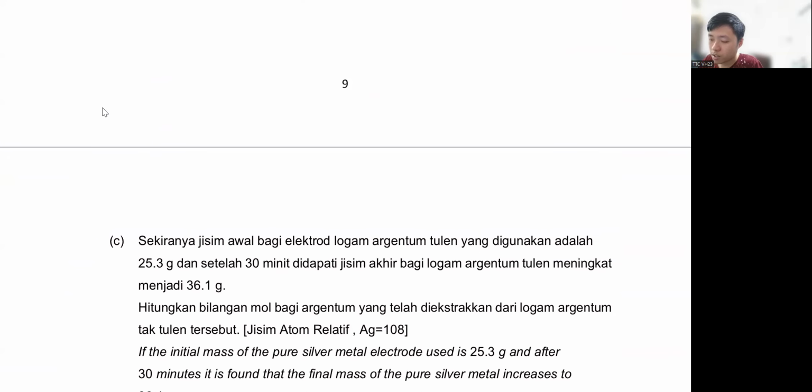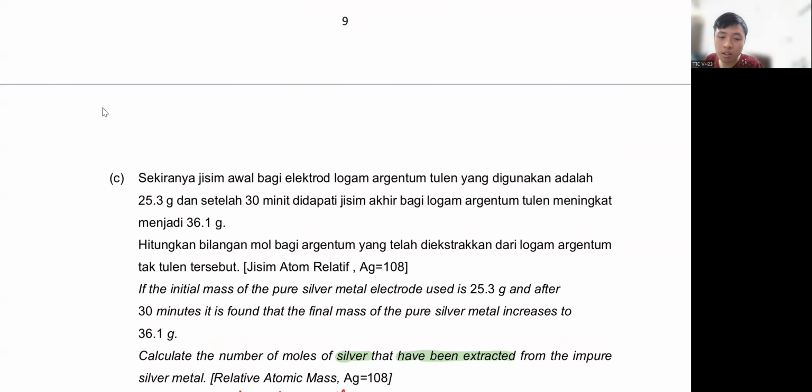C is just to calculate the number of moles of silver that has been extracted from the impure silver. So this is very simple. Yeah. So what happened? Have been extracted. First of all, you see, initial mass 25.3 gram. After 30 minutes, the pure silver increases to 36.1 gram.